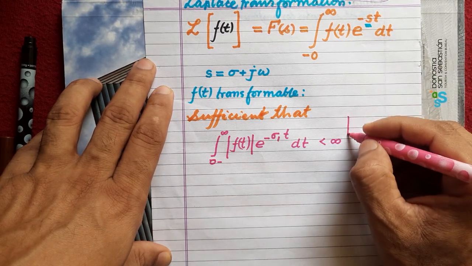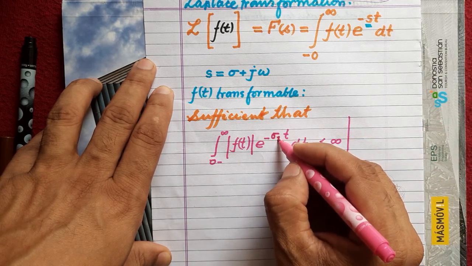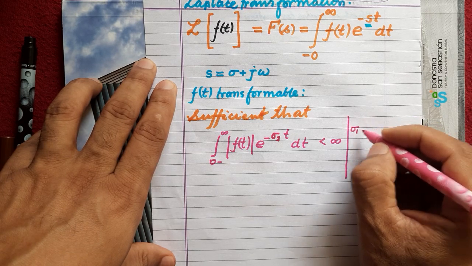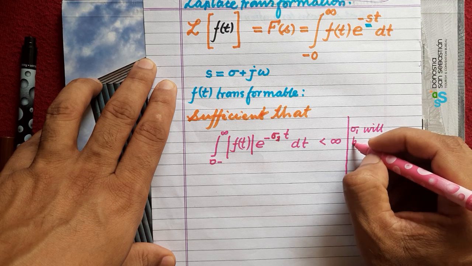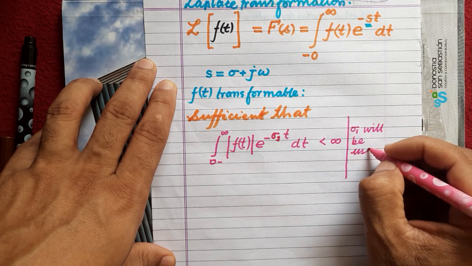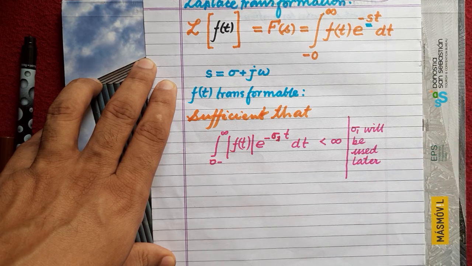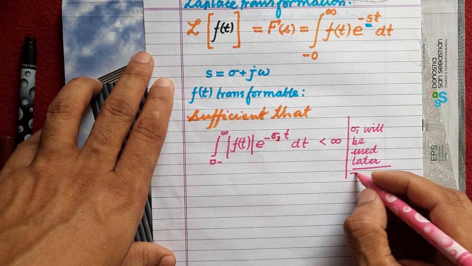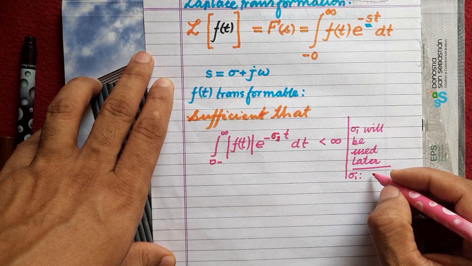Now here we have one term sigma 1. This will be used later. This you remember. And we should note that this sigma 1 is real positive.